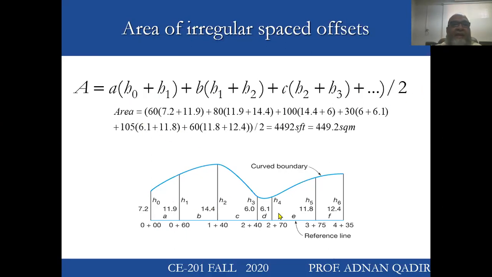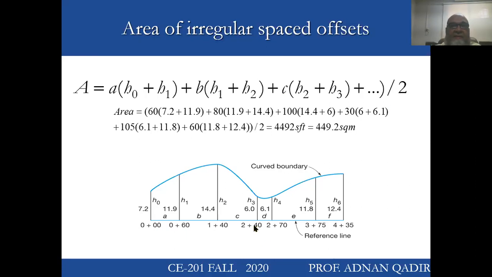So the first area, the distance between them is 60, with offsets 7.2 and 11.9, so 7.2 plus 11.9. Then the next distance is 140 minus 60. Again, you just ignore this plus sign. 140 minus 60, that's 80 feet. And then you add 11.9 and 14.4.